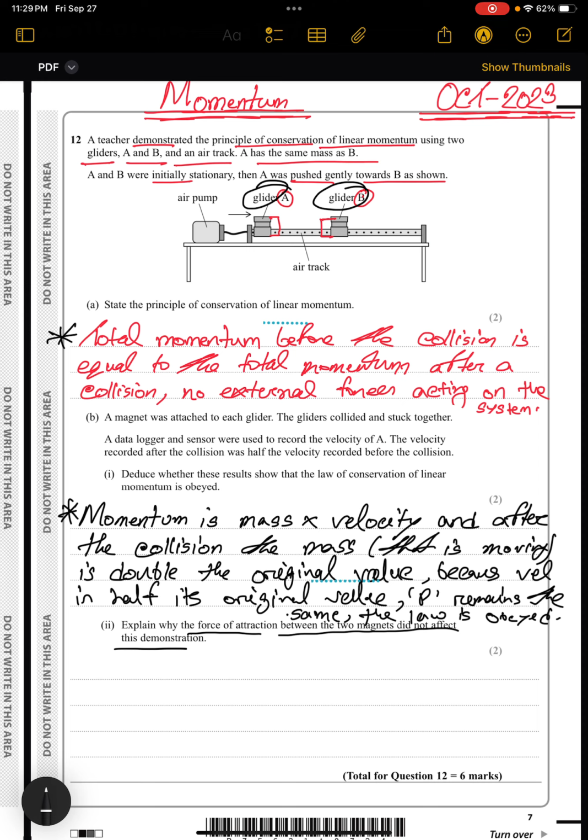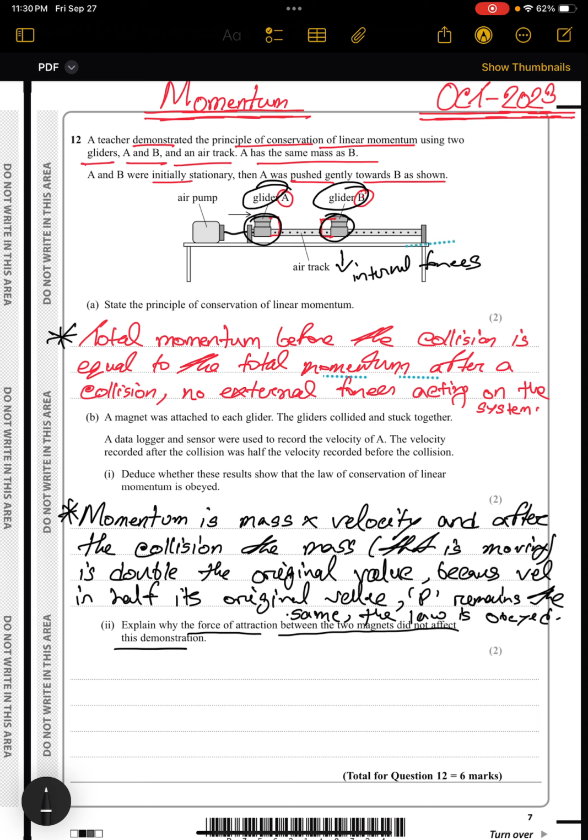So the thing they are asking us is, why did the force of attraction between these two magnets not affect the demonstration? First of all, one thing that I want to mention is that the force of attraction between these two magnets are internal forces. They are in between the system.